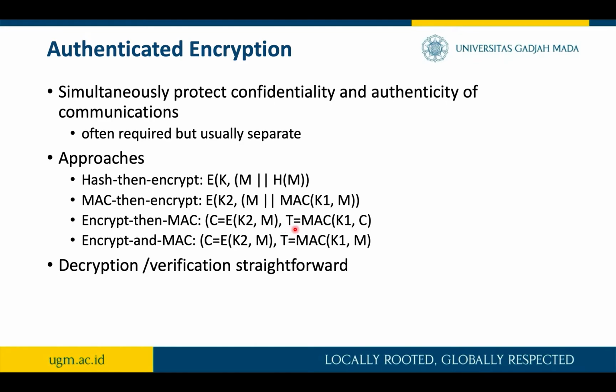For this one, we have the encryption of the message using K2, which is C. Then the second step is to find the message authentication code of the ciphertext. So that's T.